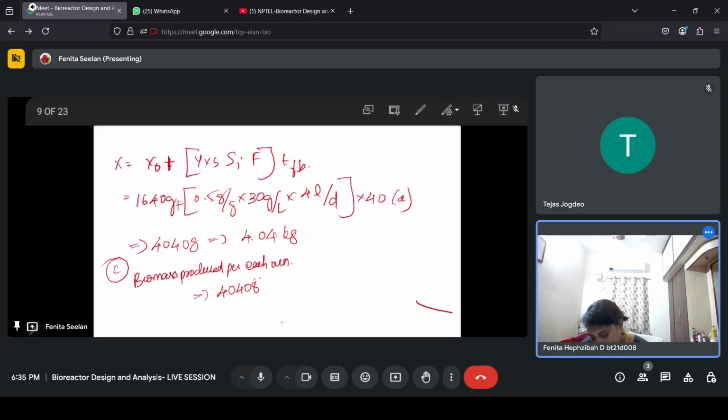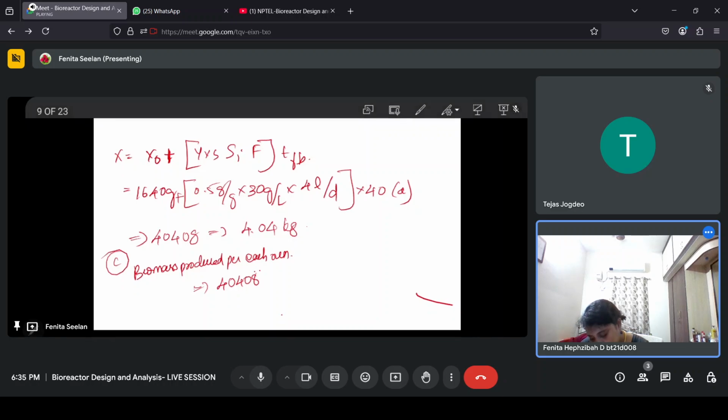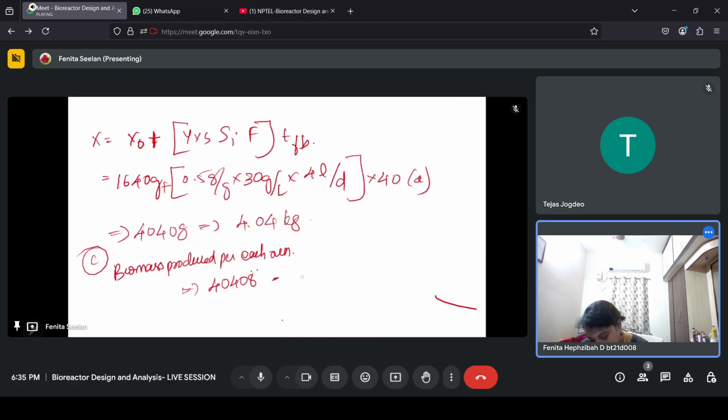So it is the biomass at the end of the fed batch minus the initial inoculum used for inoculating the reactor multiplied by the volume.